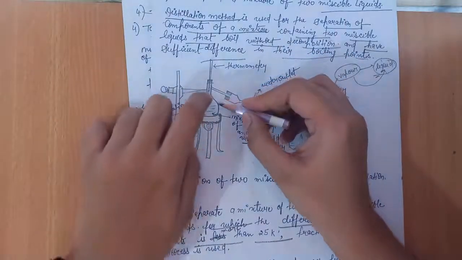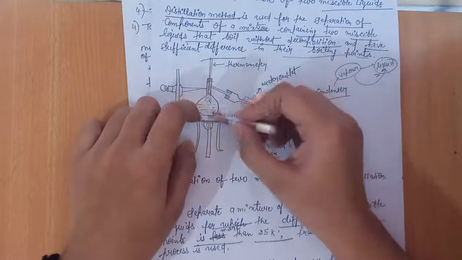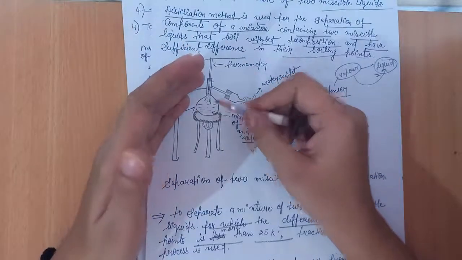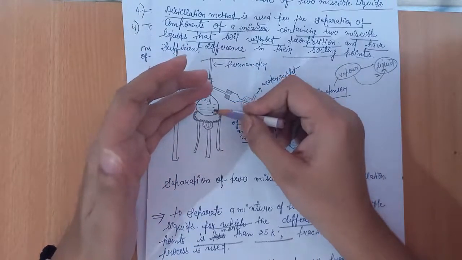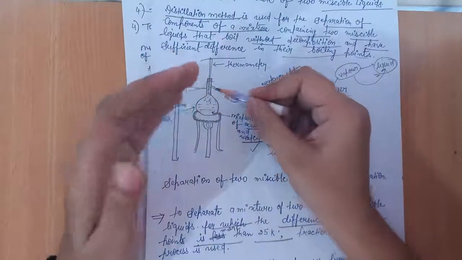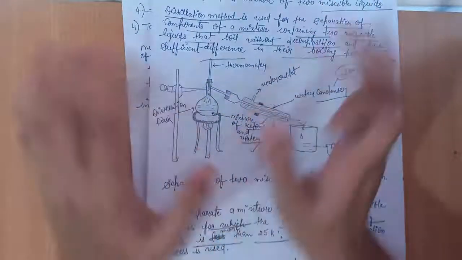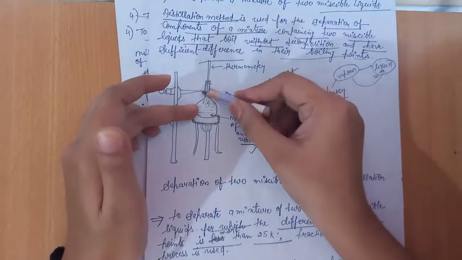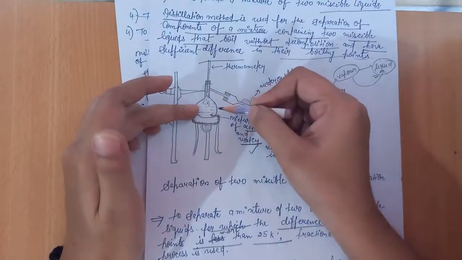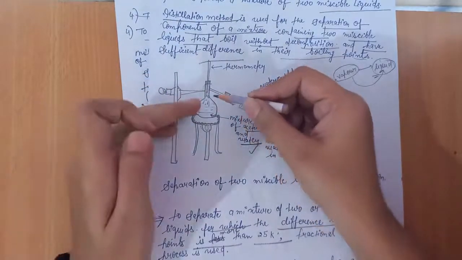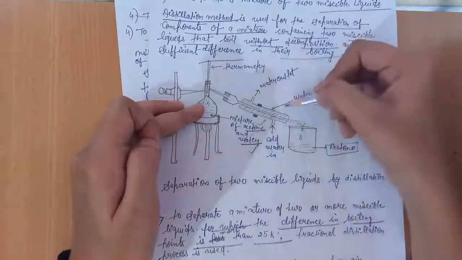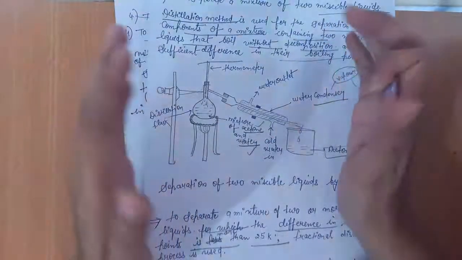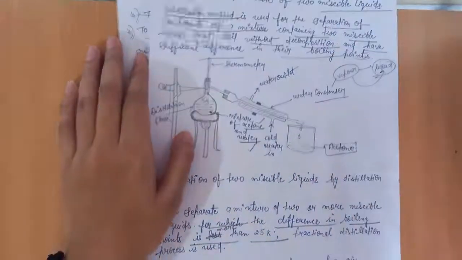Acetone vaporizes first and forms vapor, and water takes time to vaporize because the difference of the boiling points is large. So water will not form vapors along with the vapors of acetone. The acetone vapors and water vapors are not mixed. Before the formation of vapors of water, acetone vapors get condensed in this condenser and are collected in this beaker. So water and acetone get separated from each other.